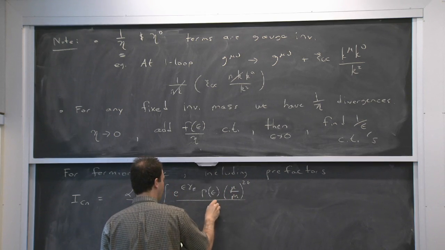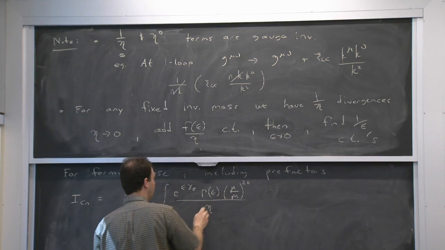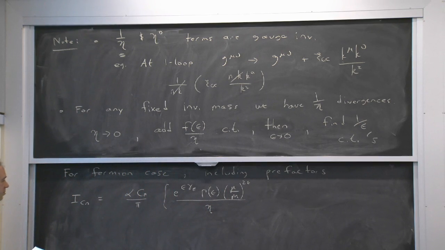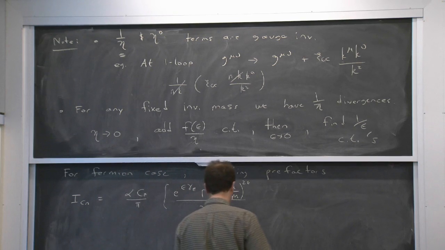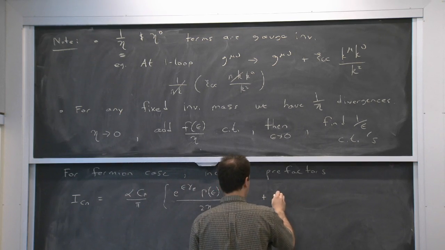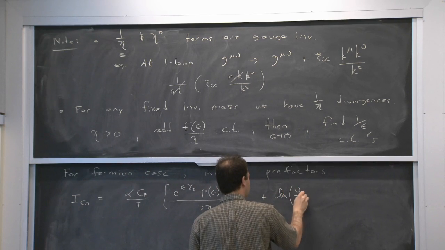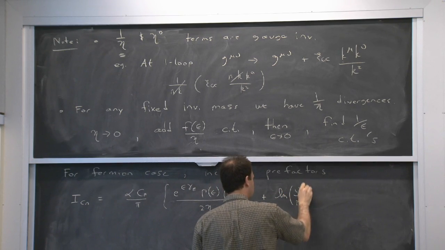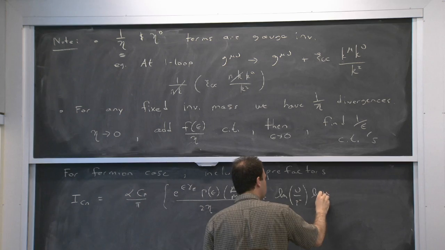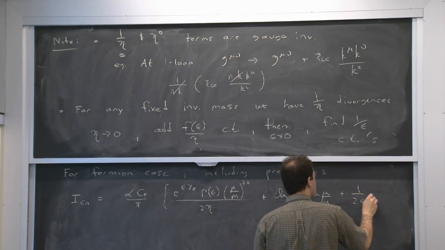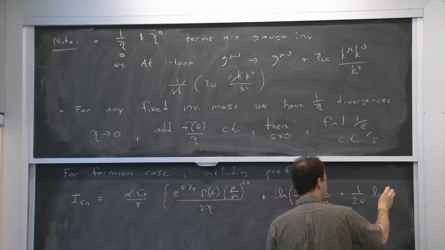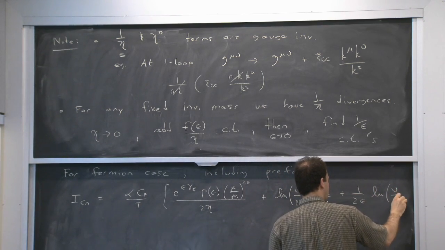So here's the eta pole. It has a whole function of epsilon in the numerator, and it's even divergent. So this is 2 eta. And then the rest of it I can expand. So there's going to be a 1 over epsilon times the log.